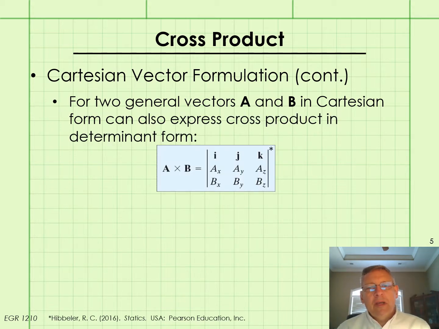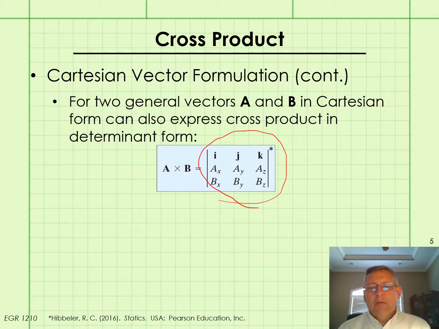For two general vectors, A and B written in Cartesian form, we can express the cross product in determinant form, where A cross B is expressed by this determinant. The order of the rows matters.